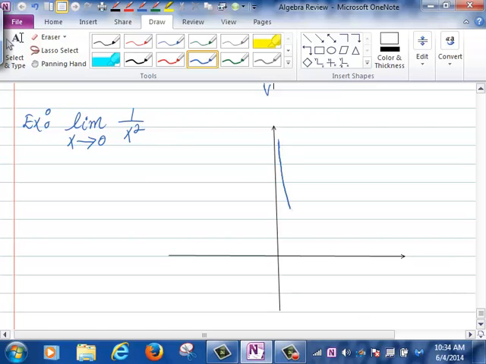It is similar to 1 over x on this side, but when x is on the negative side, now because 1 over x squared is always positive, now you get that this is the same as this. Okay, so that's what we have.